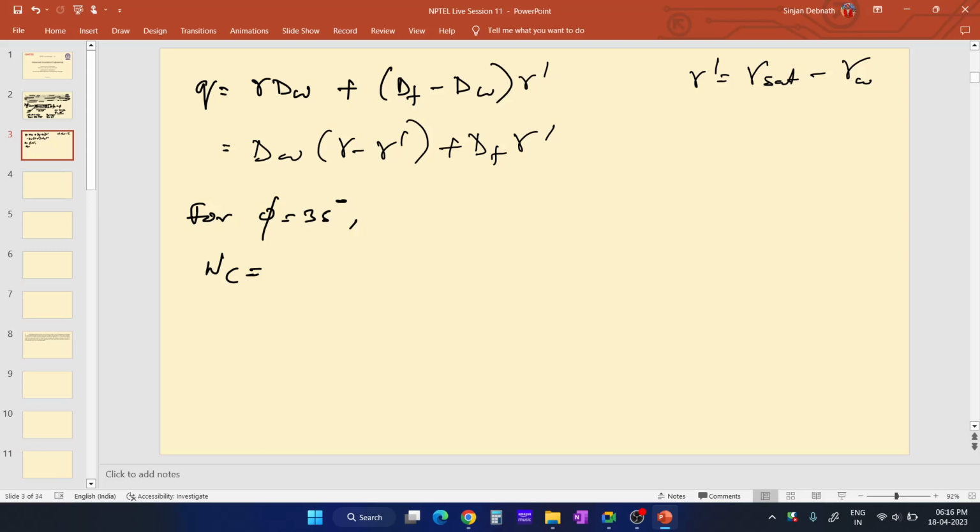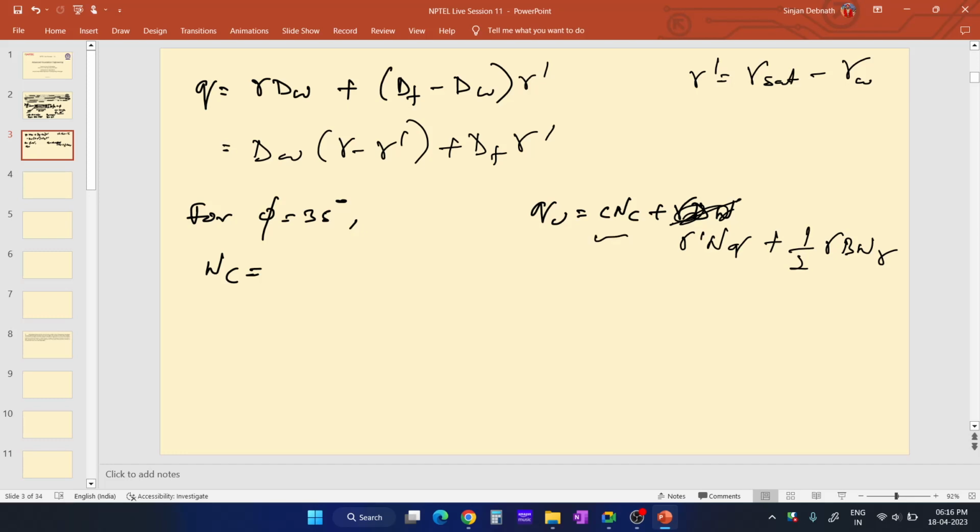The general equation for ultimate bearing capacity, if we do not consider the shape factors and depth factors, is c Nc plus sigma dash Nq plus half gamma B N gamma, right?